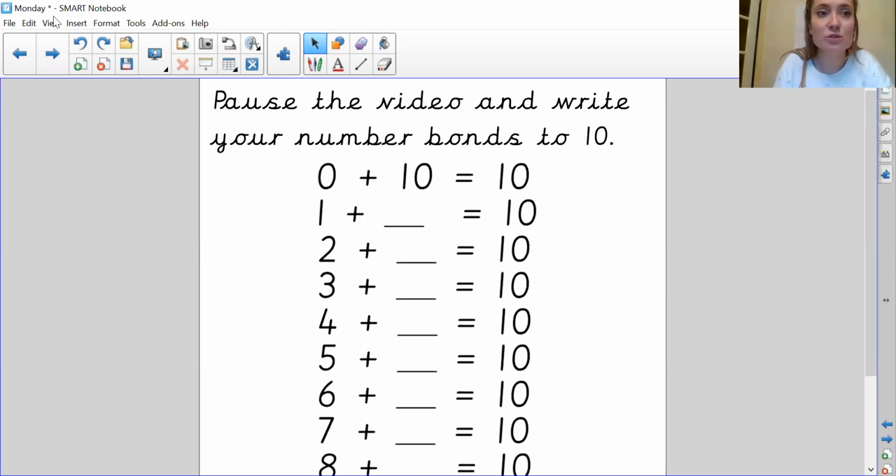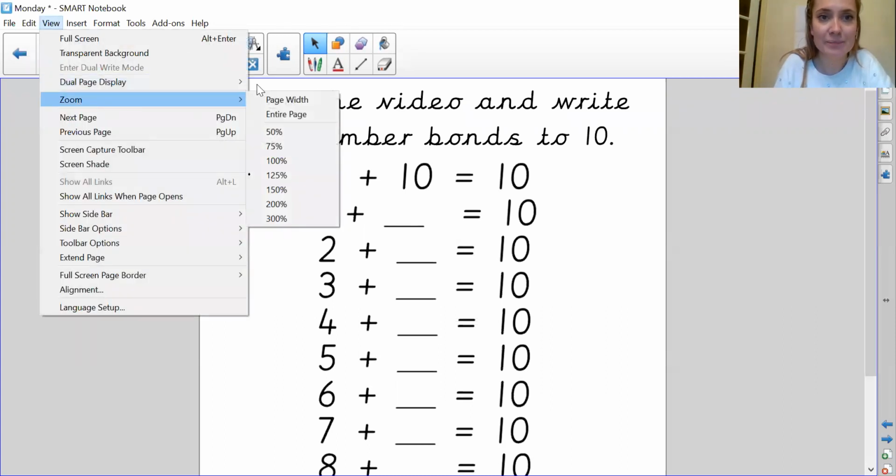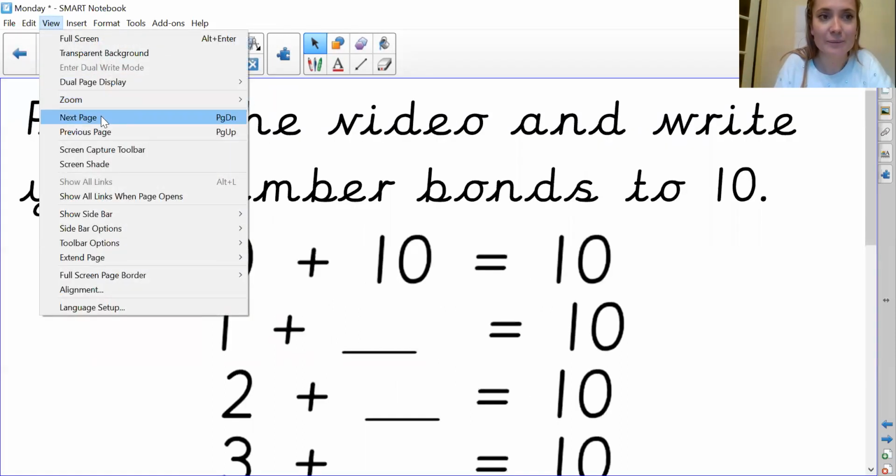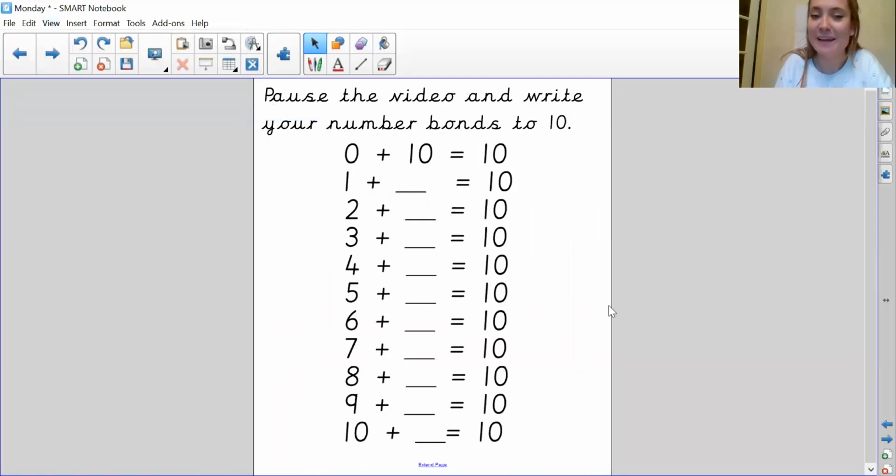So I want you to pause your video. Let me just zoom out a bit. There we go. Pause the video now and see if you can fill in these addition sums. See if you know your number bonds to 10. If not, you can practice them, and I know there are some links on those weekly task lists to number bonds to 10.